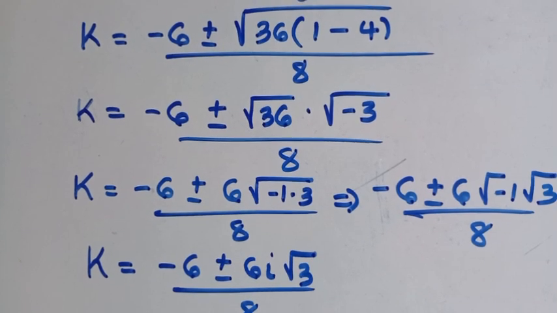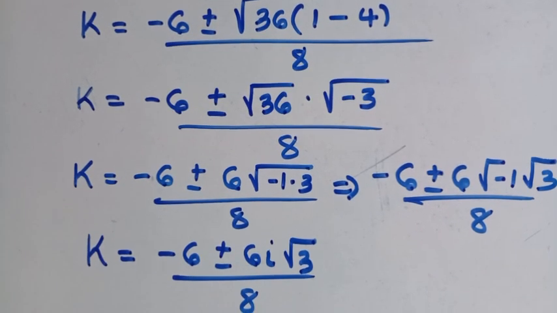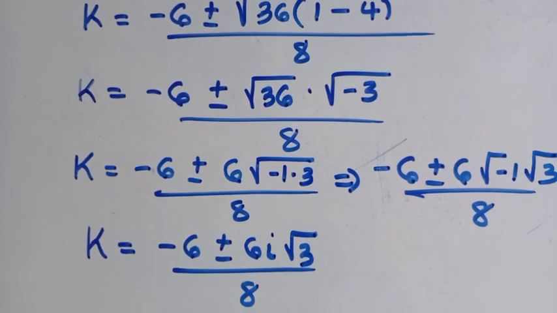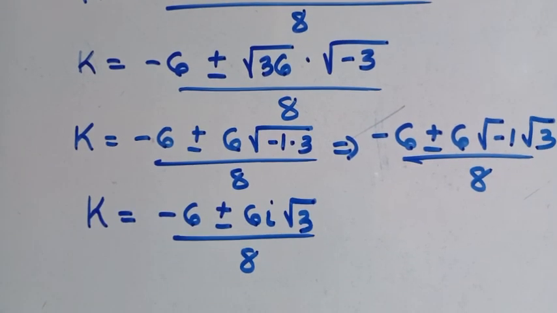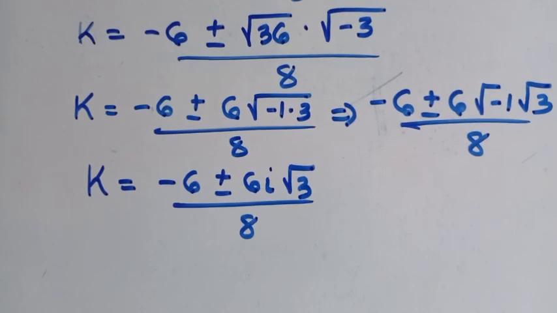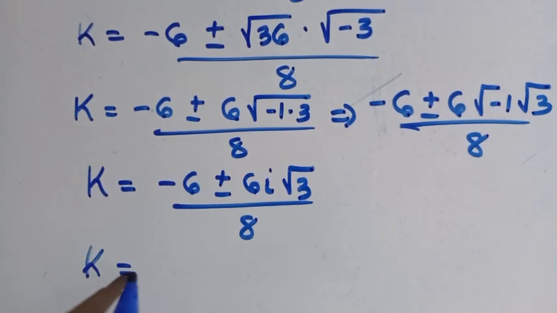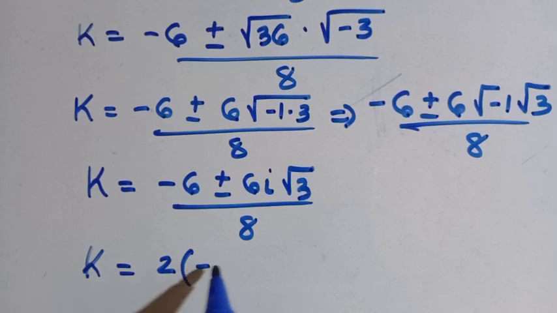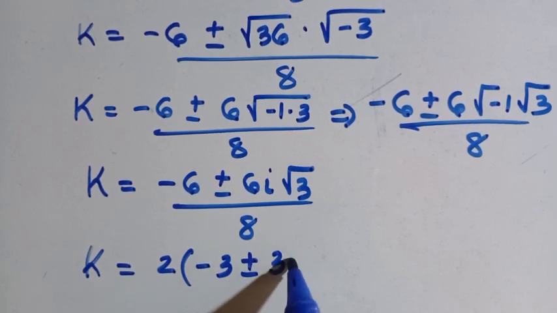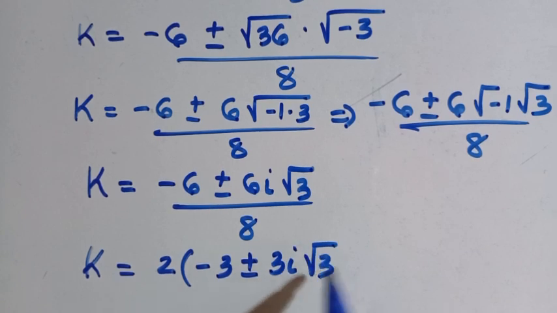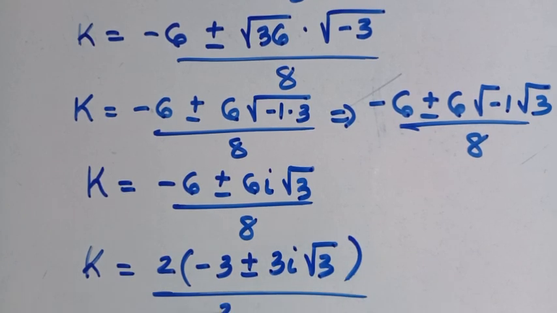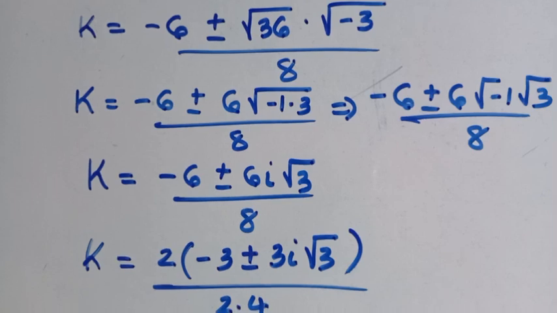And let's say we factor out 2 from here, because 2 can cancel 6, 6 and 8. By doing that, we are going to have k equals 2 into bracket of minus 3 plus or minus 3i root 3, divided by 2 multiplied by 4.